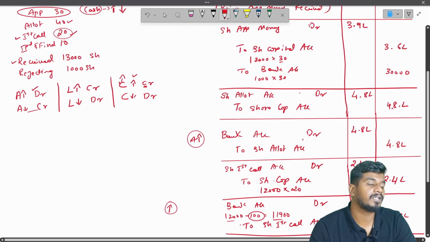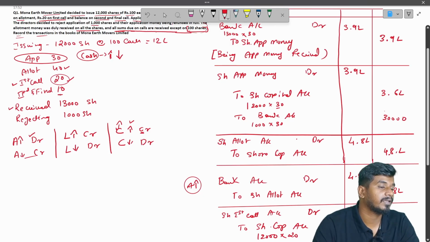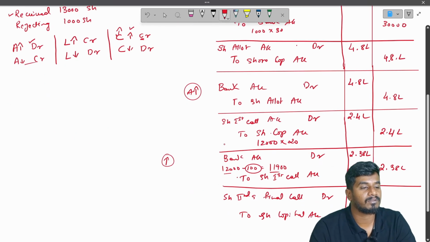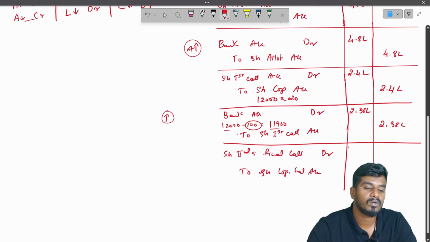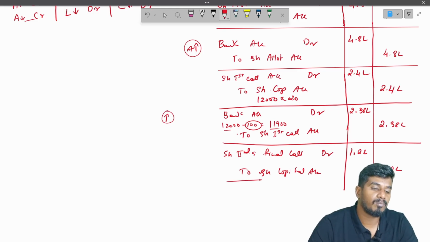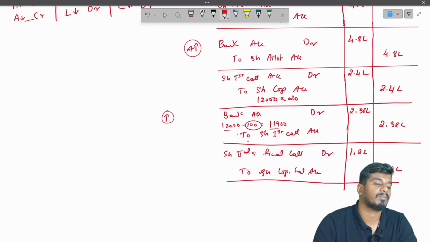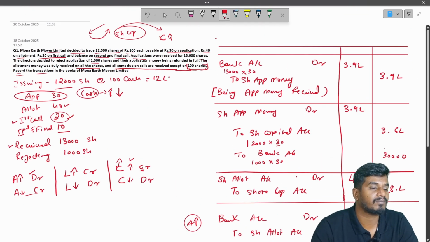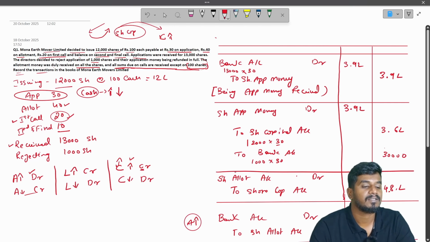How much do we need to receive on the final call? 10 rupees on 12,000 shares, which means 1,20,000, 1.2 lakh.